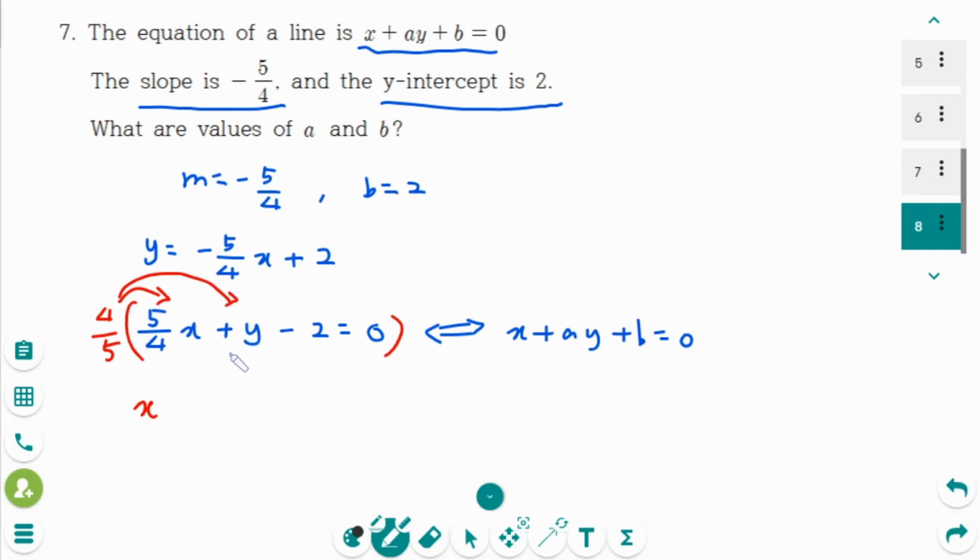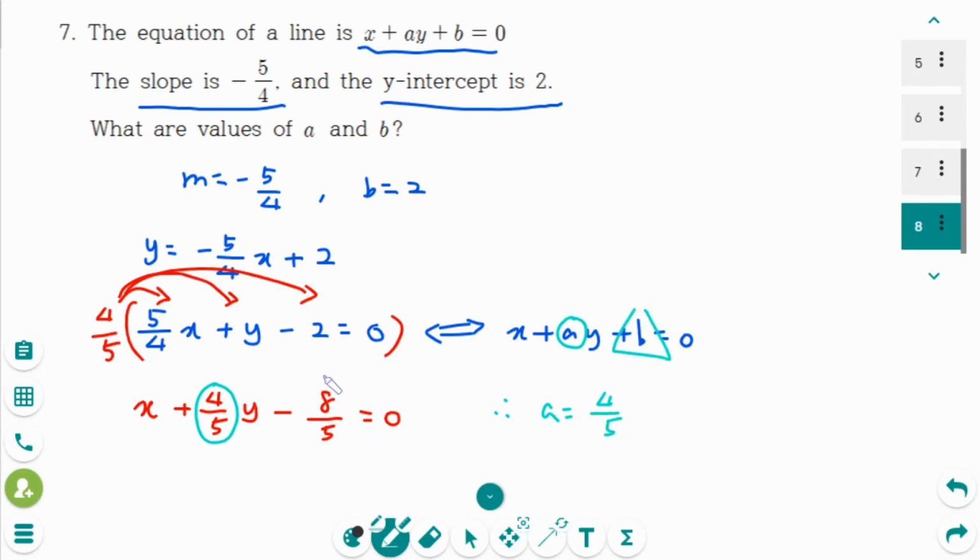Then second term, plus 4 over 5y minus, then third one is 8 over 5 equals 0. Then compare each term. So a equals 4 over 5. Then b equals minus 8 over 5. This is the answer.